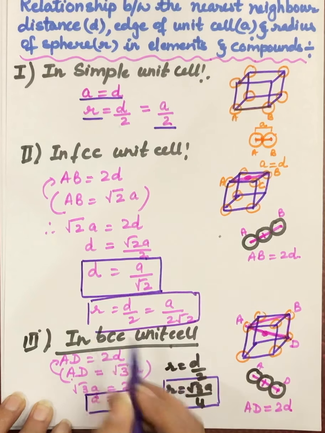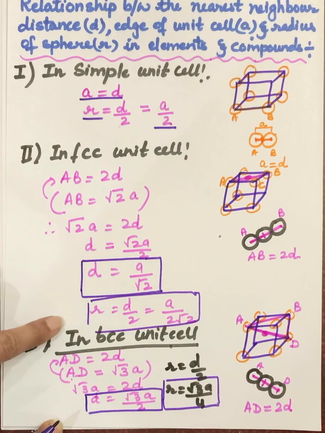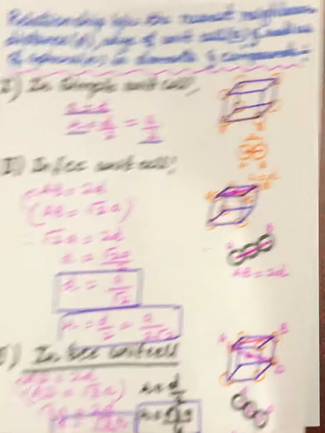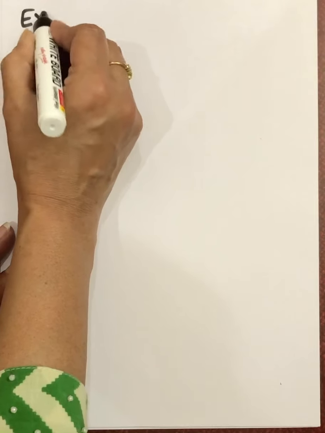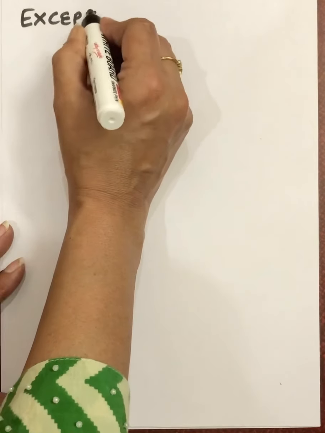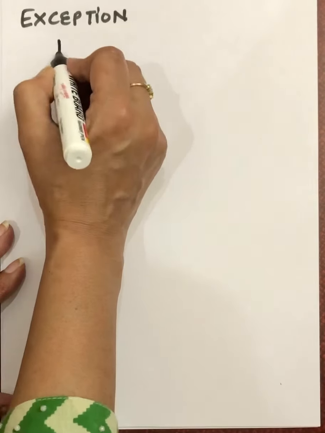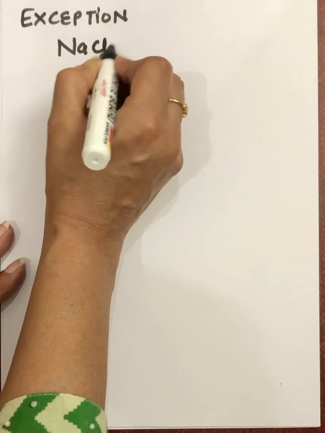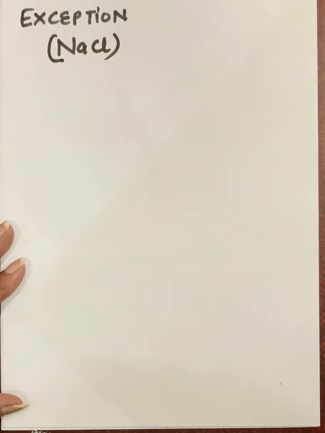So these are the formulas that we have to learn to solve the numericals for density. Now I have written a heading, this is for elements and compounds. But when we will do the numericals, one exception will be there, which will not be based on these formulas. That exception is if NaCl compound we will take.